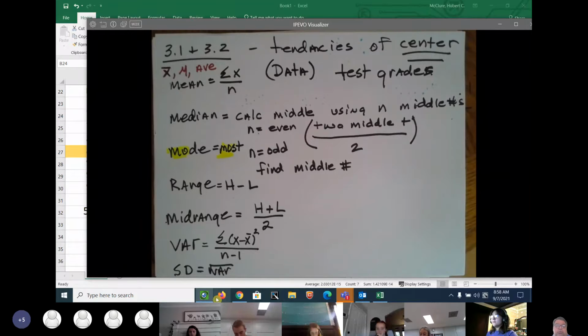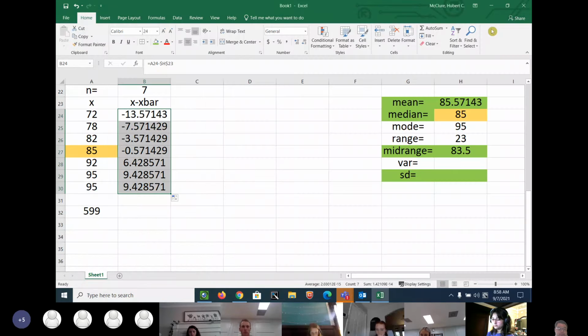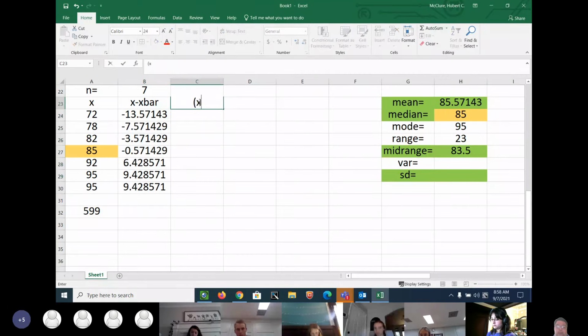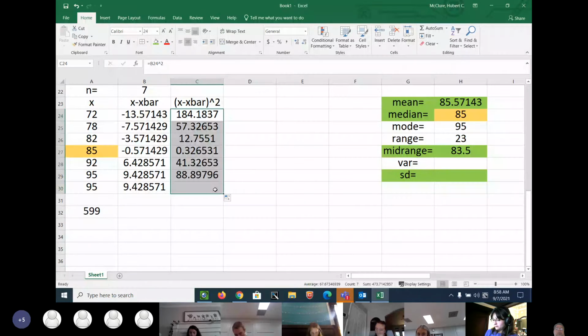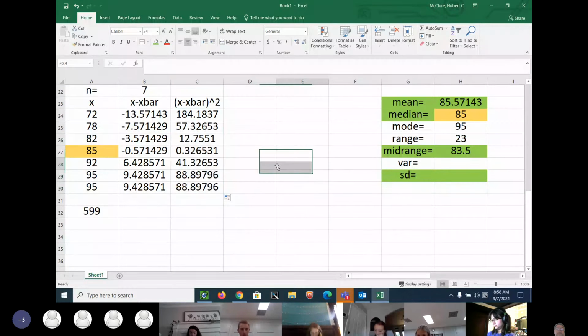So we're going to take those numbers and square them: X minus X bar, quantity squared. That's going to make all of them positive. That's what it's supposed to do. I'll give you a second to write those down.